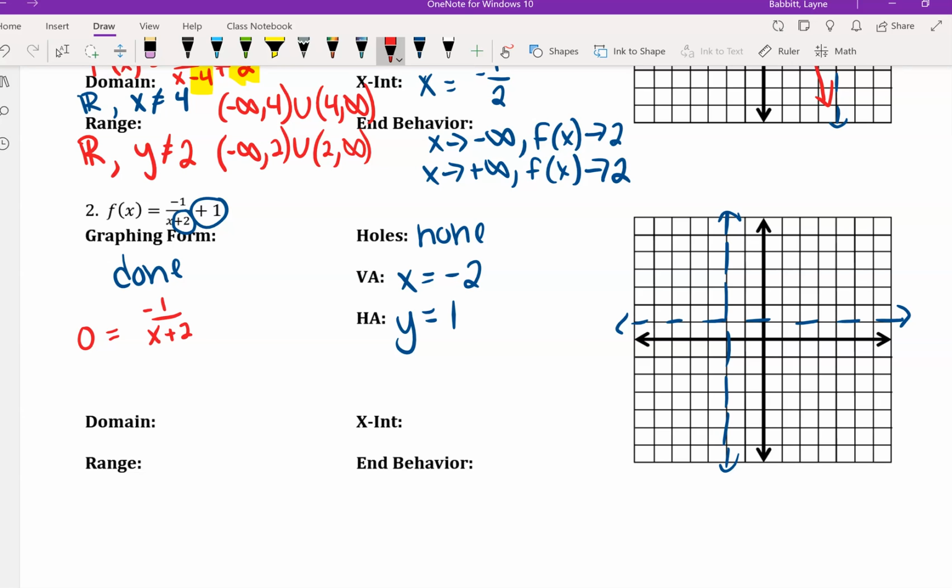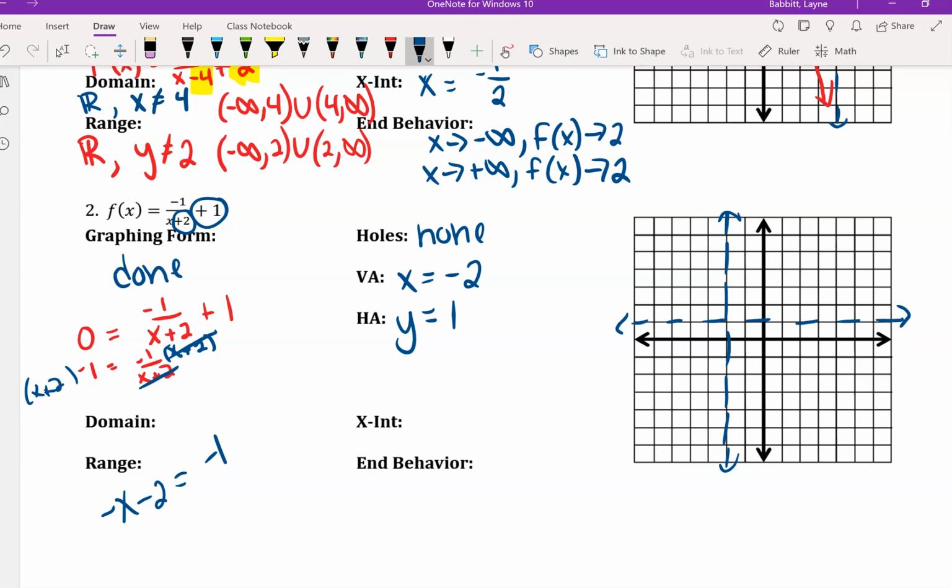and solve for x. So I'll subtract 1 from both sides. We get -1 equals -1 over x plus 2. I want to get rid of this x plus 2 on the bottom. So I multiply both sides by x plus 2. Distribute the -1. I end up with -x minus 2 equals, and then those will cancel.